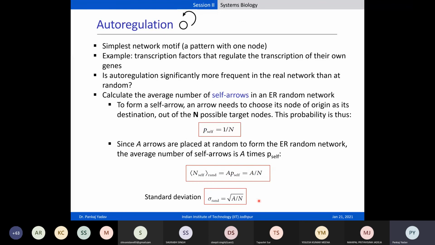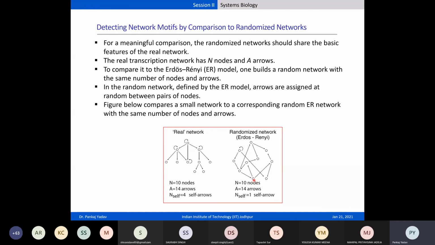So for this network, if you think about whether this is significant or not, for the random network, yes, of course we see n self is 1, this is what we expect. But for this real network, we have n self of 4, which doesn't seem to be statistically that high.